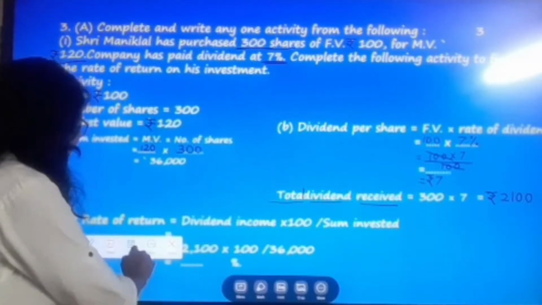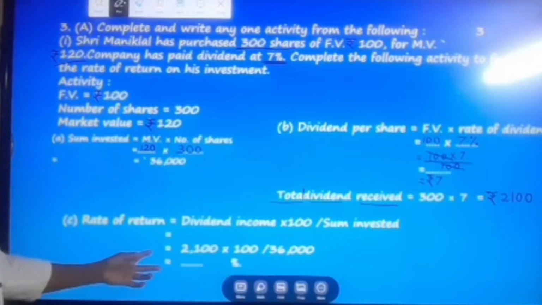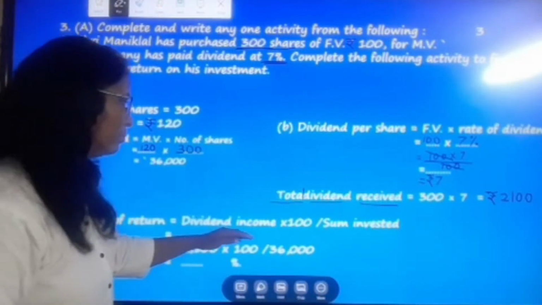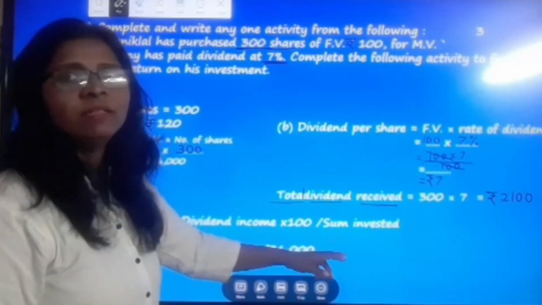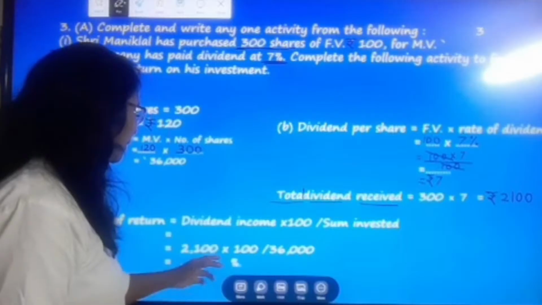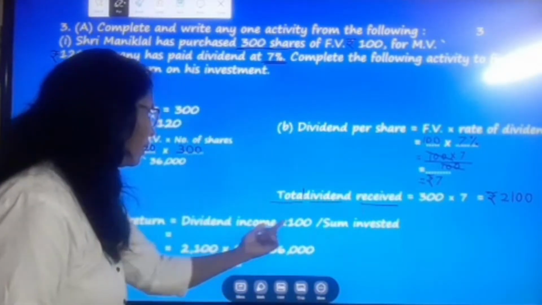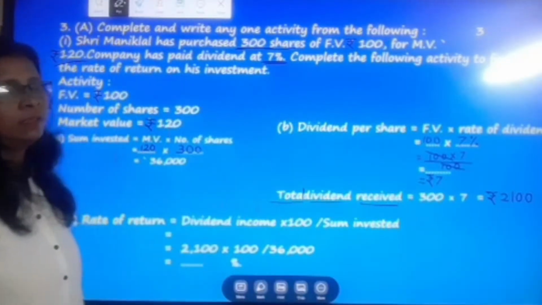And then last one, students, that is the rate of return. The formula is dividend income multiply 100 divided by sum invested. So here dividend income is 2100, multiply 100 and divided by 36,000.